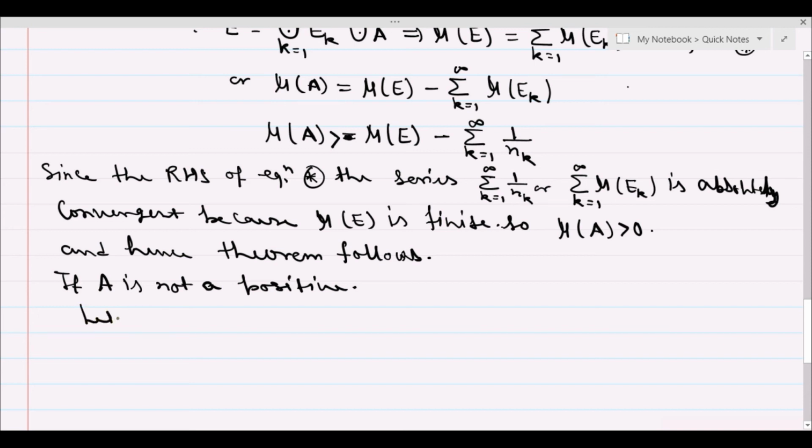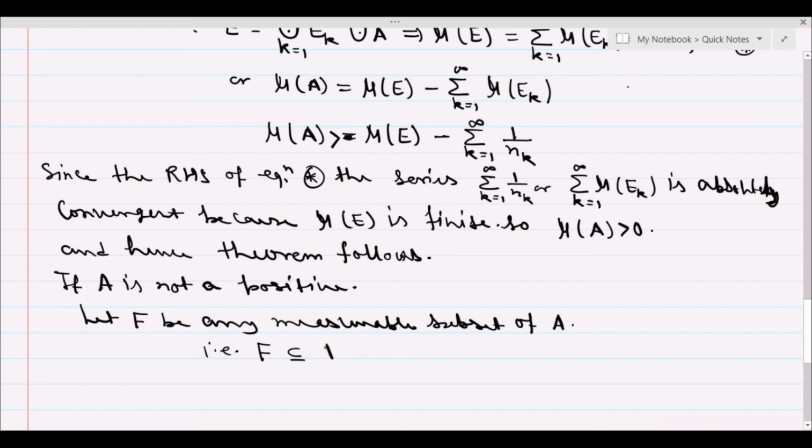Let F be any measurable subset of A, that is, F is a subset of A. This implies that F is a subset of E minus union k is equal to 1 to infinity ek.